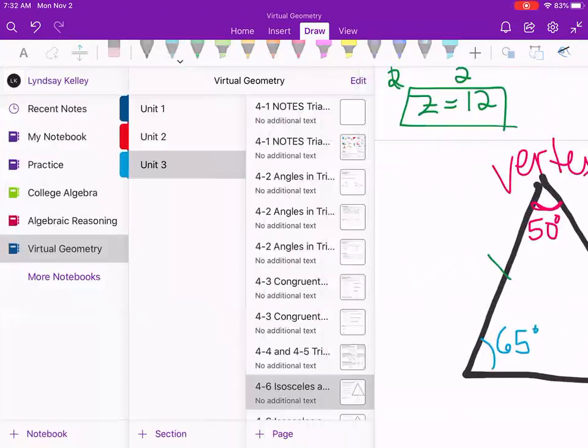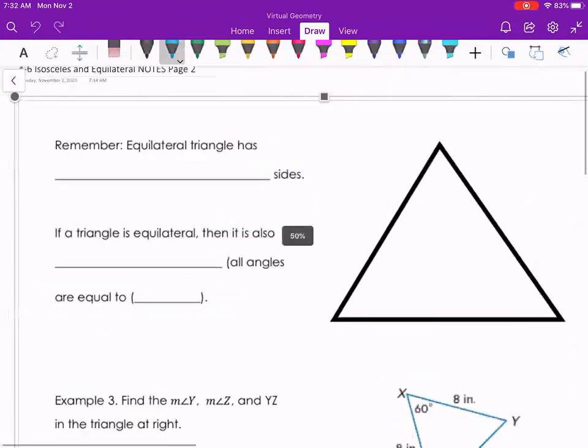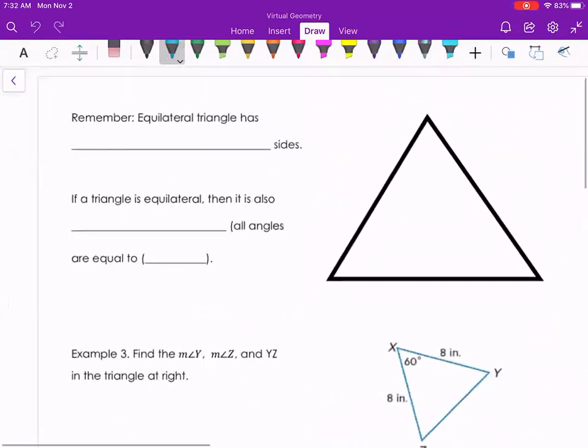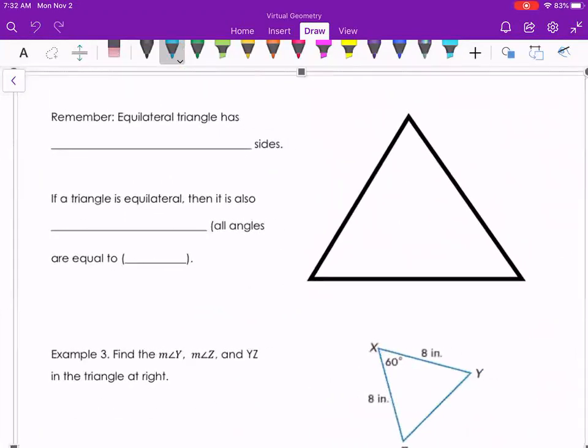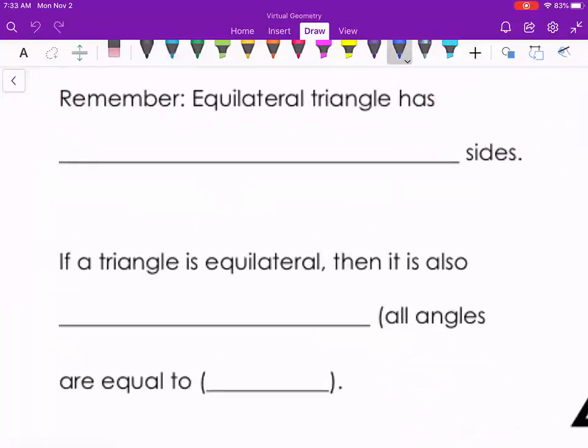All right, now let's look at our second triangle, which is the equilateral. Equilateral was a special kind of acute triangle, and it's also a special type of isosceles triangle. When we first looked at this with our classifications, we said an equilateral triangle has all congruent sides.